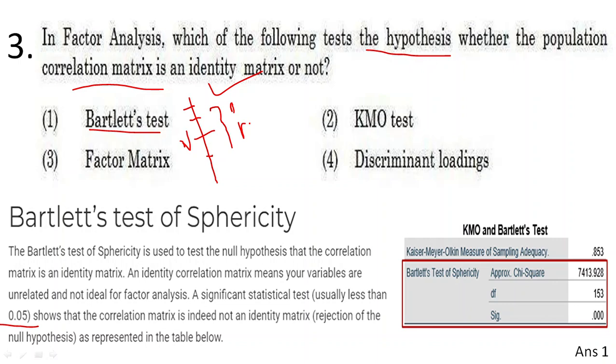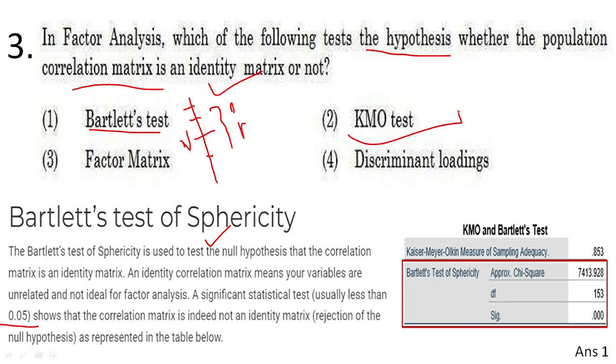A large number of variables can be reduced to a few factors. So this is what factor analysis is about, and for a factor analysis you need to have Bartlett's test of sphericity's value less than 0.05, right? It just checks if the population correlation matrix is an identity matrix or not. We also need a KMO value while conducting factor analysis.